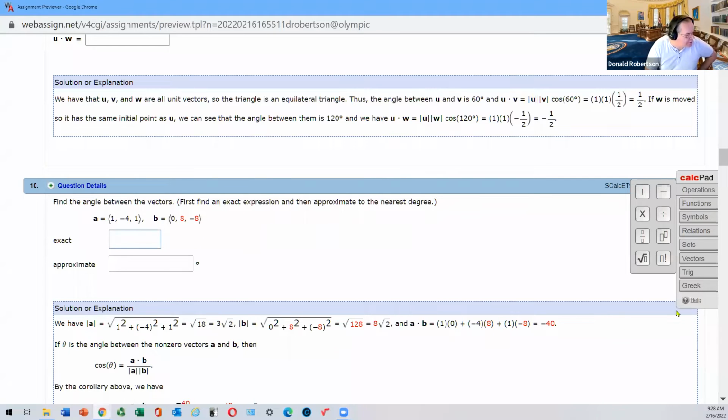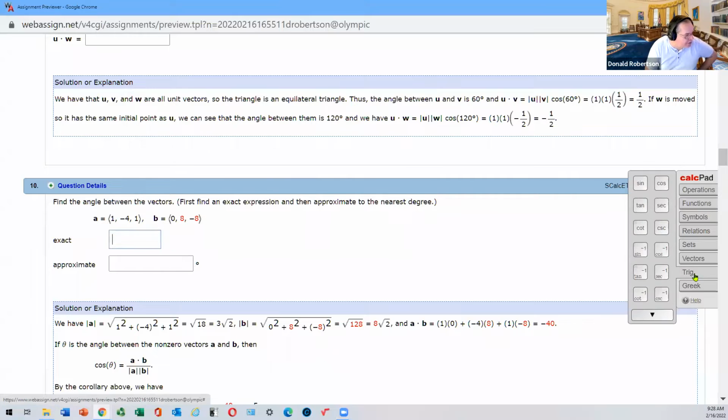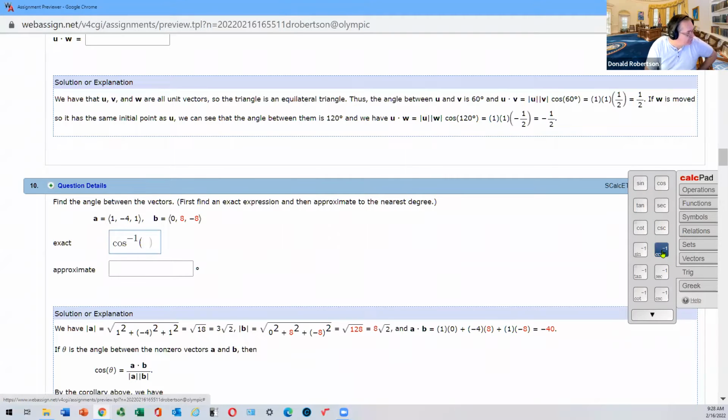So you click on there. If you go down to trig, do you see they have an inverse cosine button that you can hit? And then you can type in, I'm assuming you're looking at WebAssign, agreed? Okay, so you hit the inverse cosine. So it's under trig, inverse cosine button. And then you can put in the fraction 19/39.